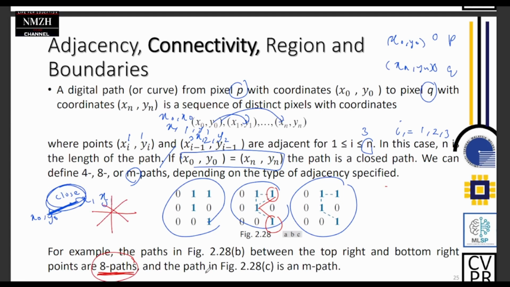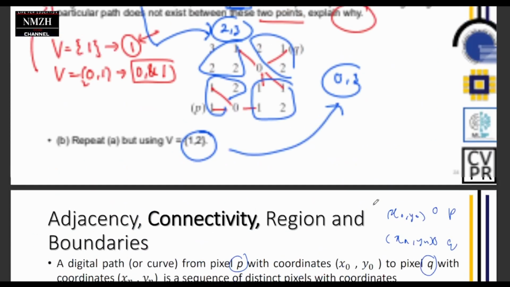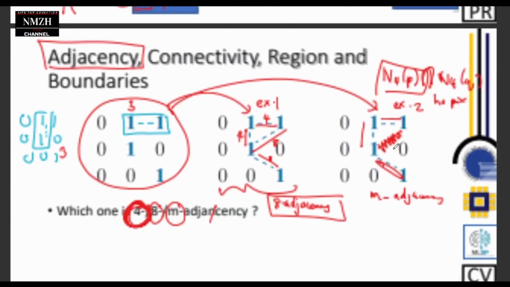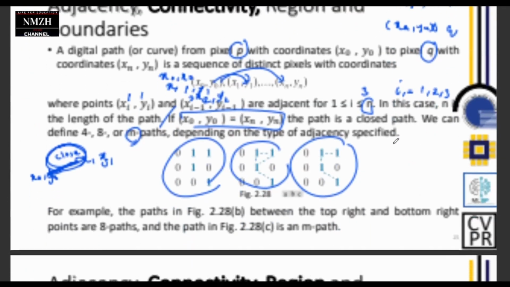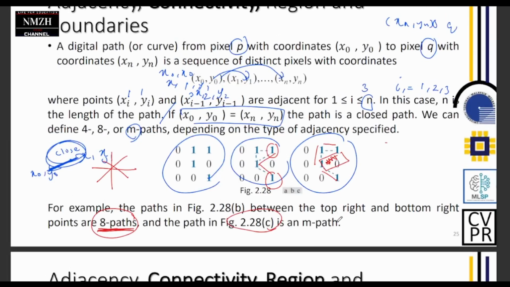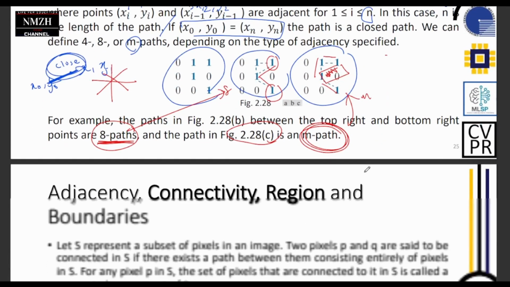While this one, C, describes this and this without the intersection of N4P and N4Q, which we discussed just now. So we can also describe this as the M path, instead of 8. This one is 8 and this one is M. I think that will be a clear example for you guys.